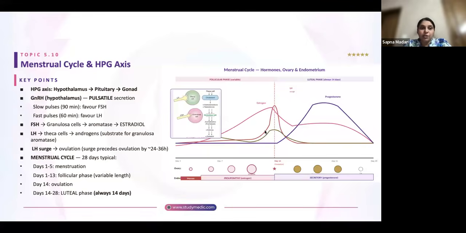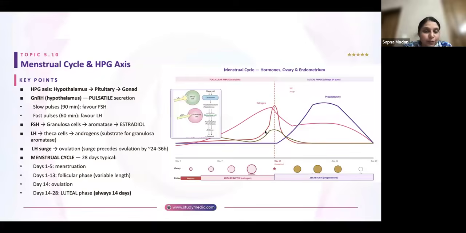So the FSH is going to act on the granulosa cells of the ovary, which in presence of aromatase enzyme will convert to estradiol formation. Okay, so the theca cell is going to act on cholesterol and form the androstenedione and testosterone.